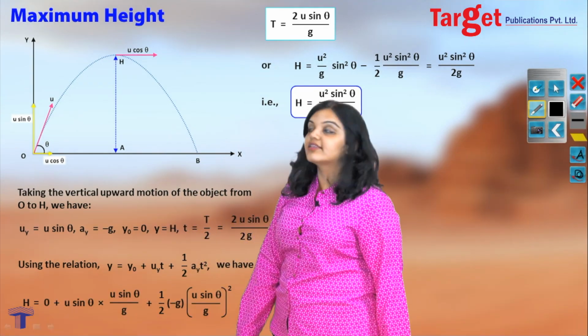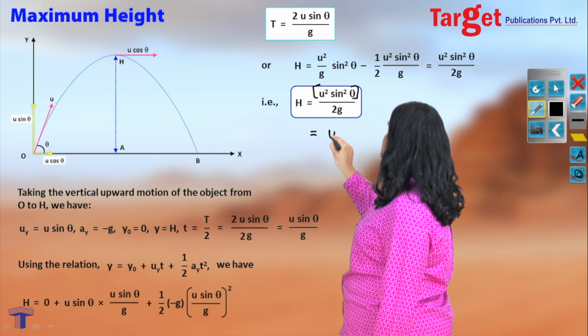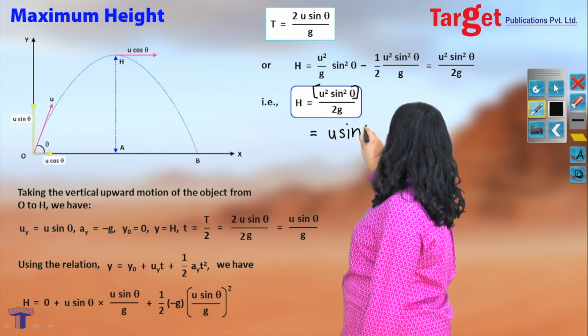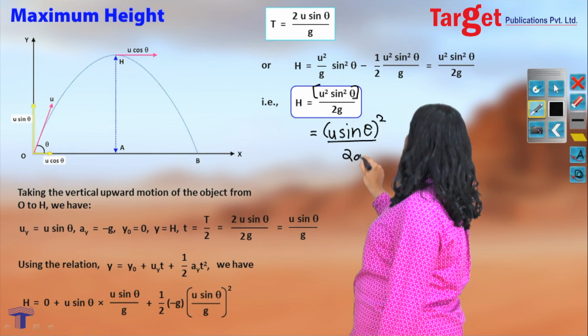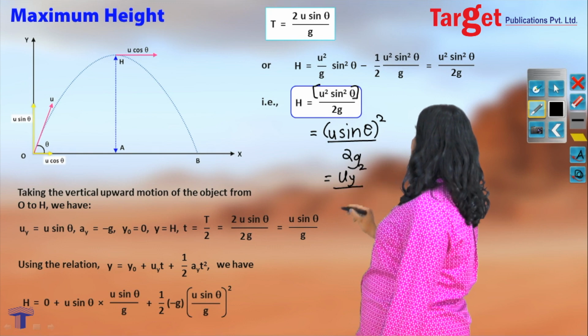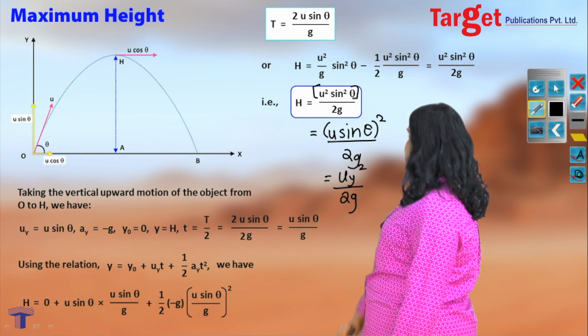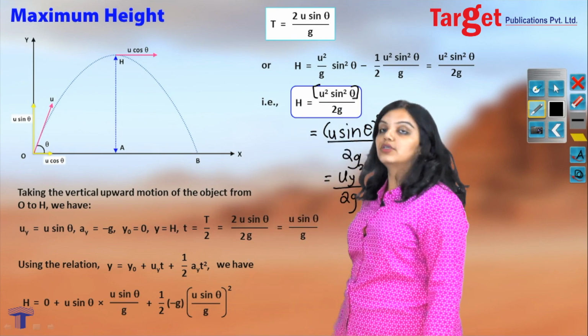You can also read this as the square of the initial velocity along the y direction, because I can write this as u sin theta the whole square upon 2g, that is uy square upon 2g. Therefore, maximum height is u square sin square theta upon 2g.